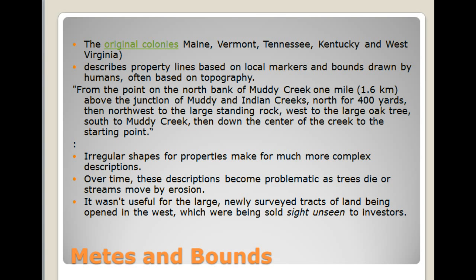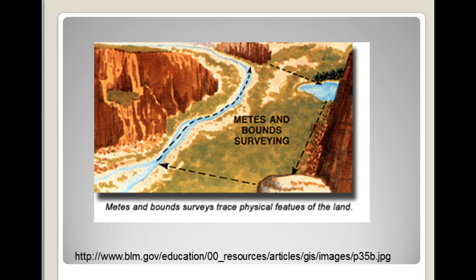And so people would come onto the land and then just take the pieces that they wanted and describe it by the physical features. Problems with this is that those physical features over time tend to move or die or erode. So it's not a very permanent way of looking at the landscape.